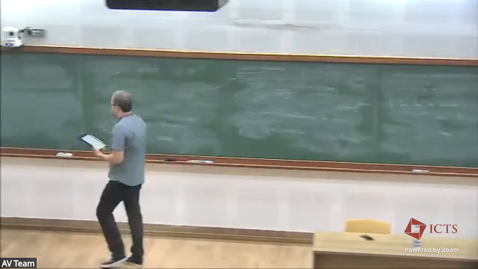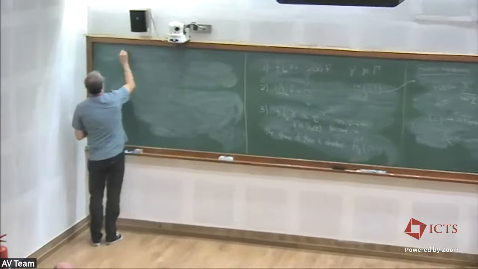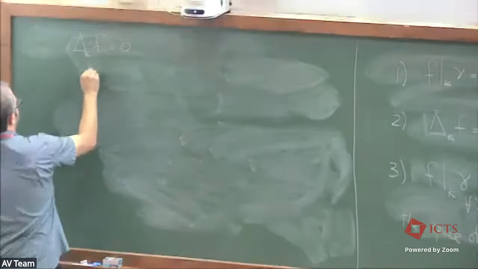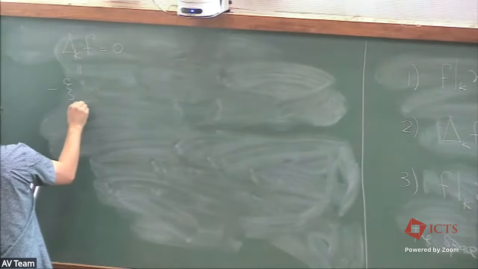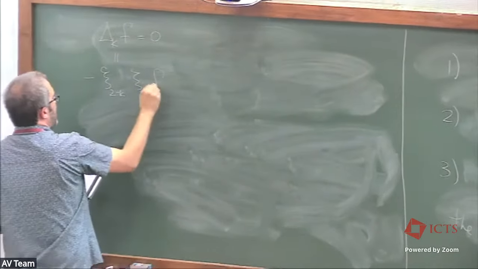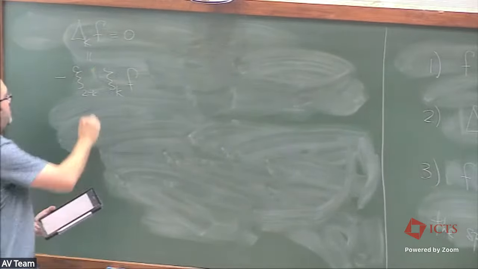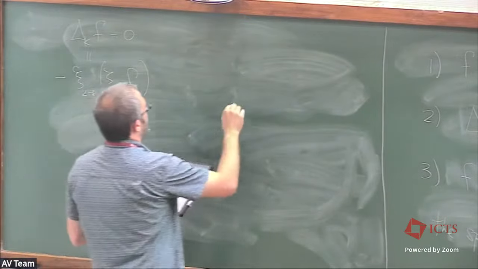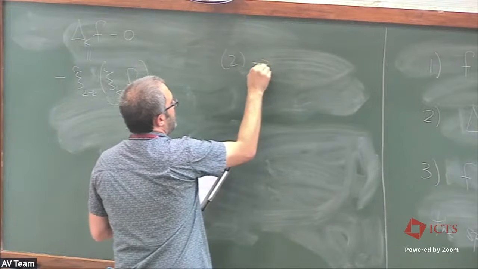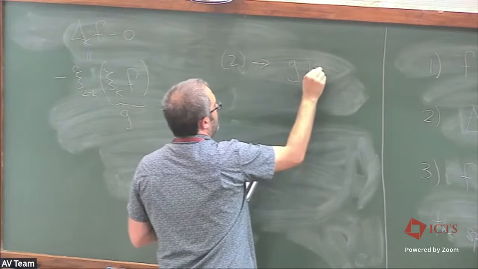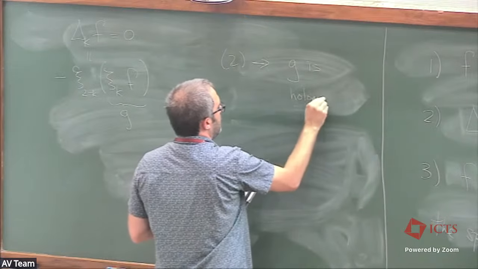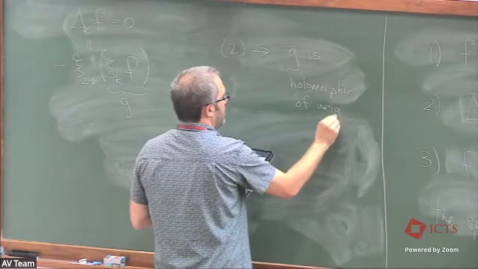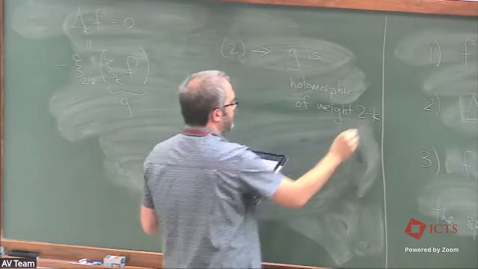Okay, so remember that delta k F is 0. But delta k F is the same thing as minus C_{2-k} C_k F. So if this is G, the shadow, then number 2 implies that G is holomorphic of weight 2 minus k.